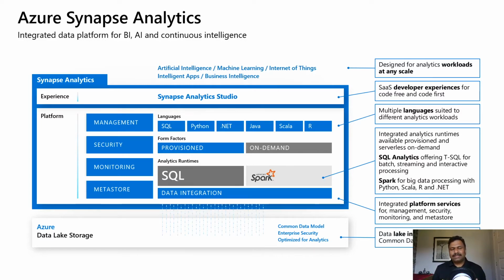And with the common data model integration into Azure Data Lake storage, Microsoft has defined well-defined data models for specific industry verticals, such as financial services, telcos, and a few other domains. The idea behind the common data model is very simple. You have a set of entities and attributes associated with them, which help you address most of the reporting scenarios for specific industry verticals.